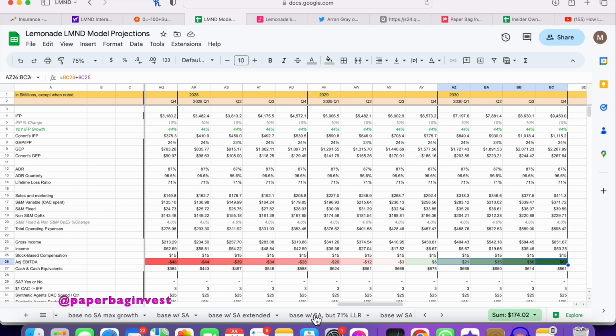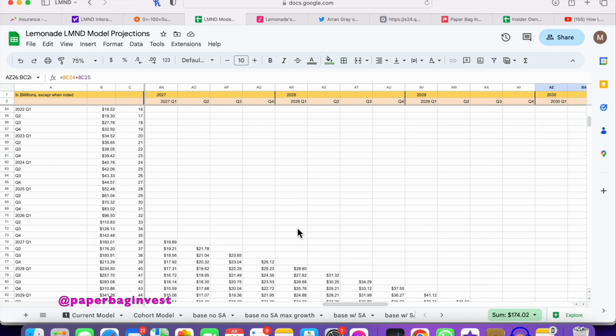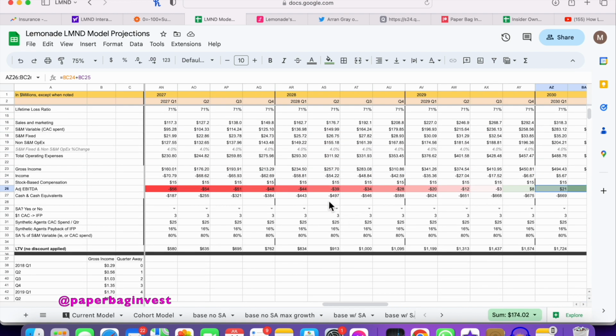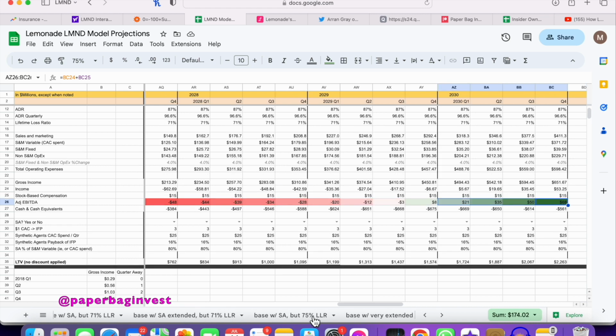It's actually fun to play with the variables here and toggle the amount of synthetic agent effect you're thinking may occur. I hope we showed that if Lemonade grows more, within these assumptions and variable inputs, whether it's their own top line or more synthetic agents, it's very good for them.